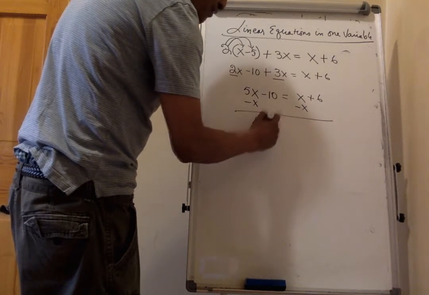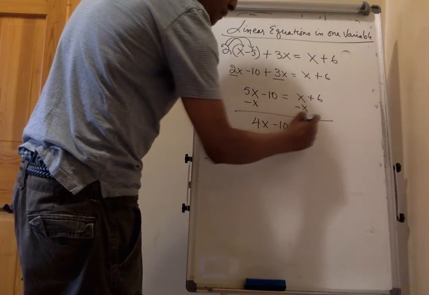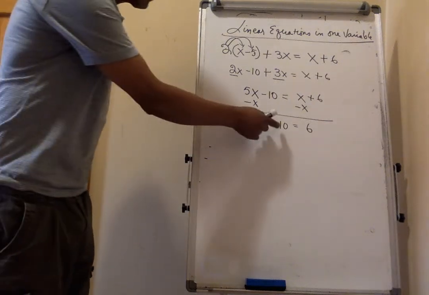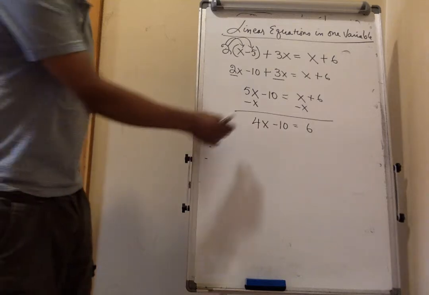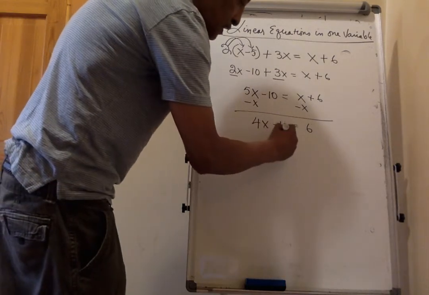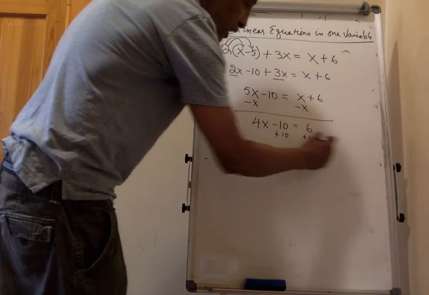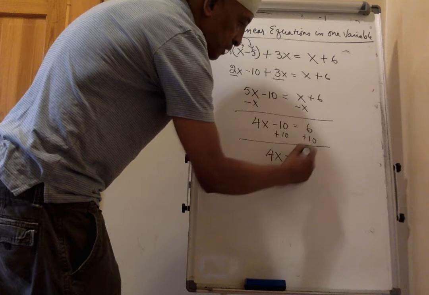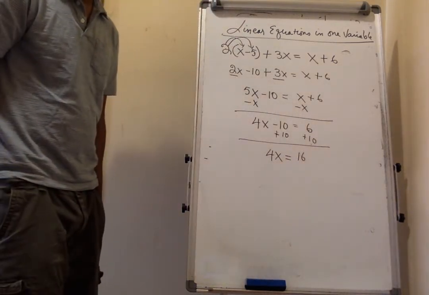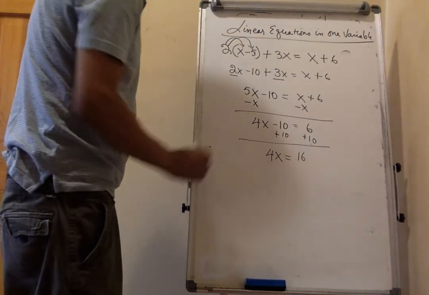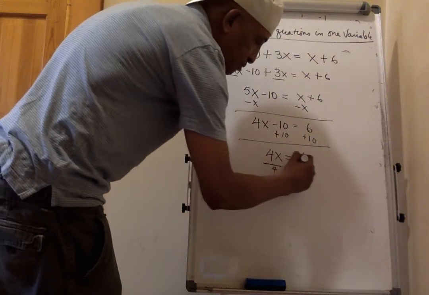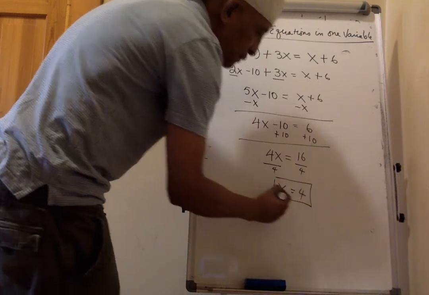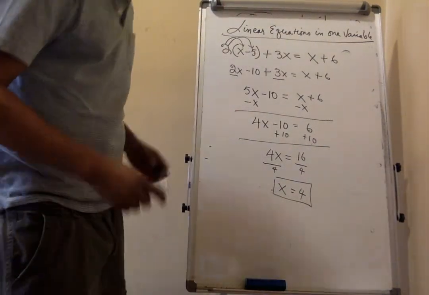You have 4x minus 10 is equal to 6. Now I want to get rid of negative 10 because I want to have x all by itself. So I'm going to add 10 to both sides. So you have 4x is equal to 6 plus 10, which is 16. Now you want to get rid of 4, so divide both sides by 4, then x is equal to 4, and then you're done.